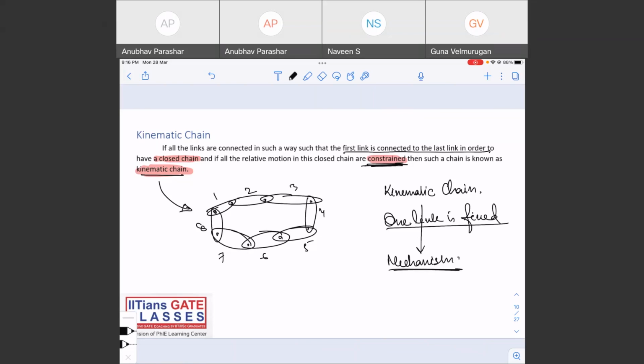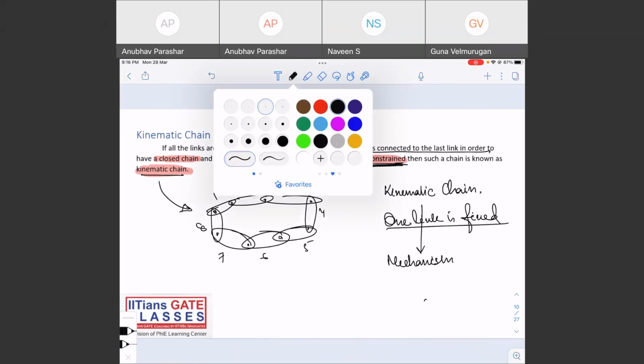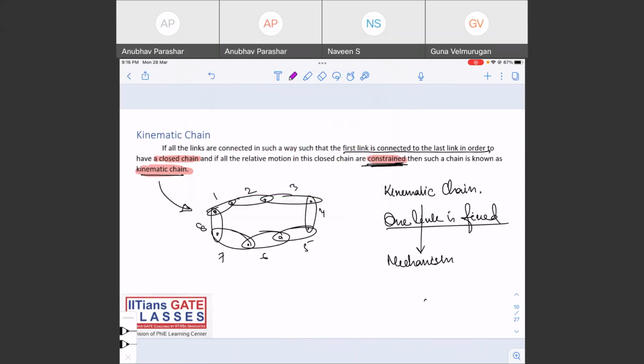Only then will you be able to use this chain.